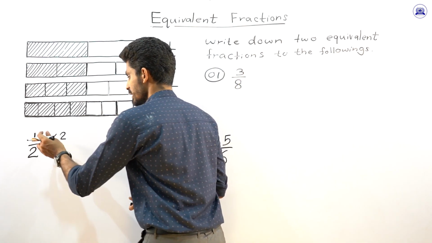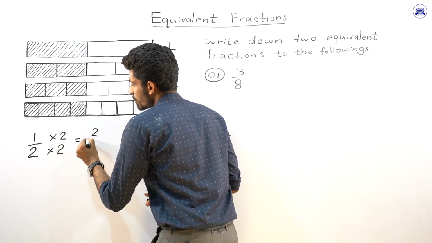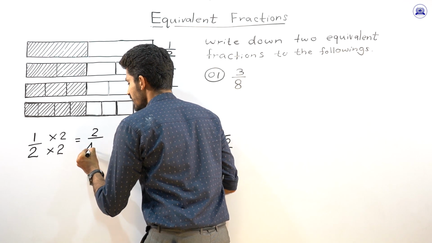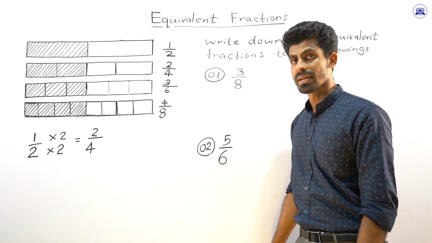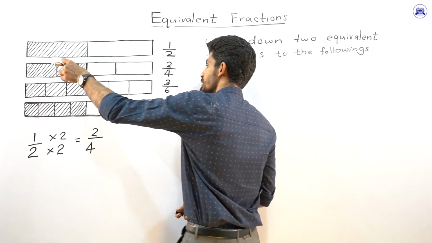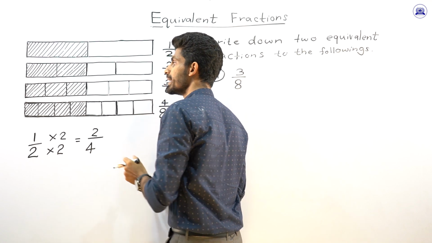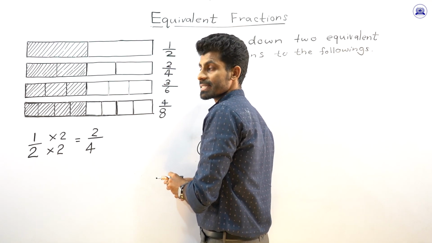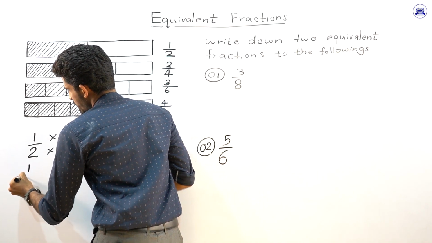So what is the fraction? 1 into 2 is 2, 2 into 2 is 4. 2 over 4. You can clearly see that 1 over 2 and 2 over 4 are equal fractions.